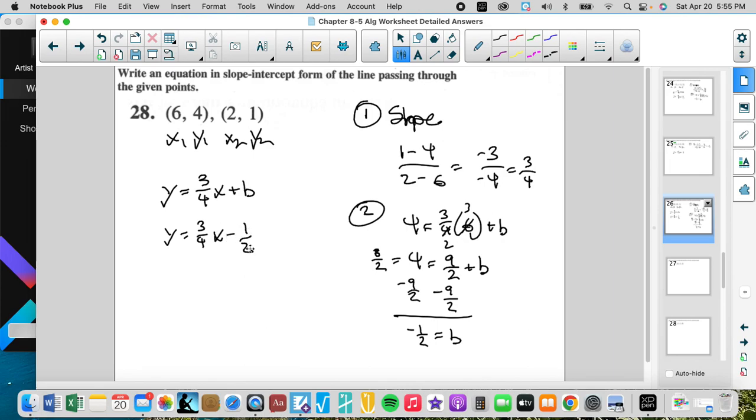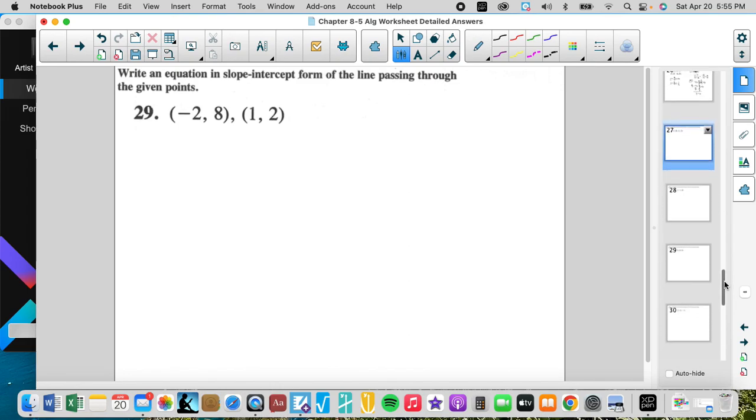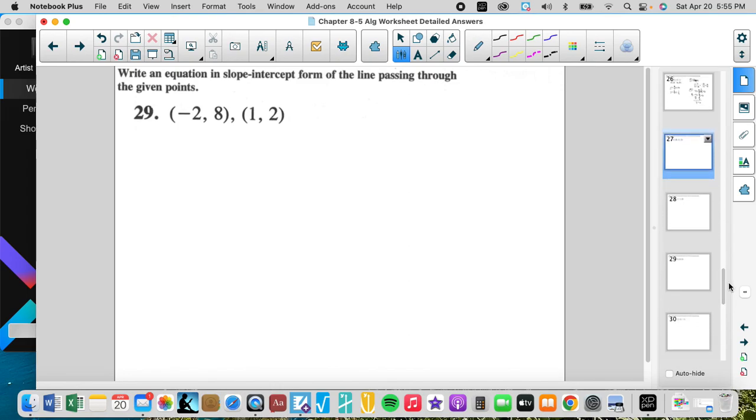So these are things that we should know. That means you should know this stuff in 8th grade. That's mental math stuff. We should be proficient with fractions, and you should be able to do that without writing things down. You should be able to do mental math.